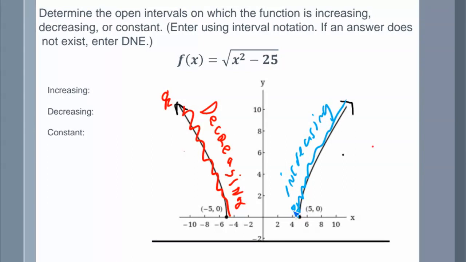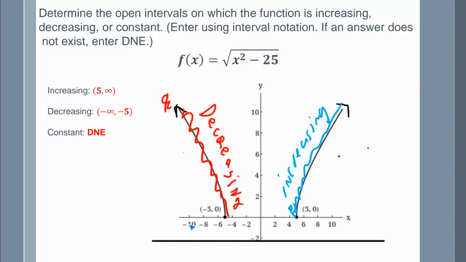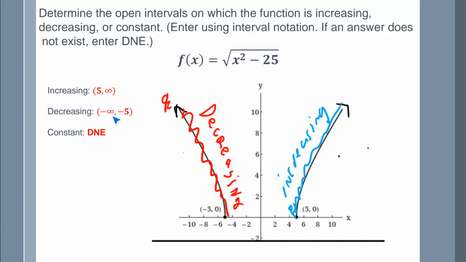And then if we're going from left to right here, the graph is increasing. But we need to determine the interval. So it's going to be decreasing from negative infinity, all these numbers right here, until it gets to negative 5. So we say negative infinity to negative 5. And then it's going to start increasing from 5 to infinity.